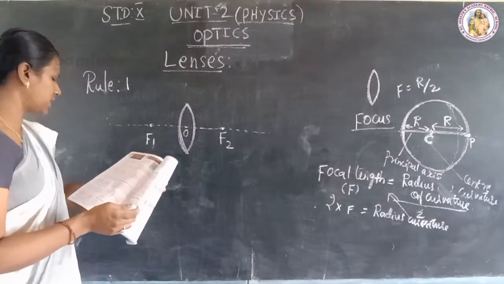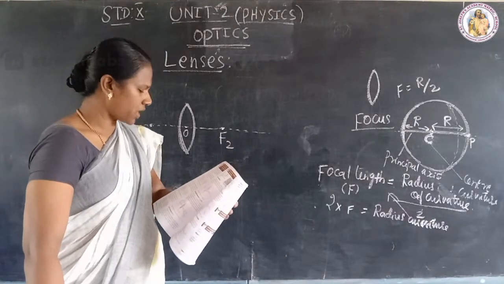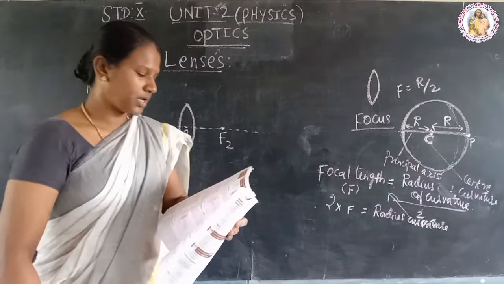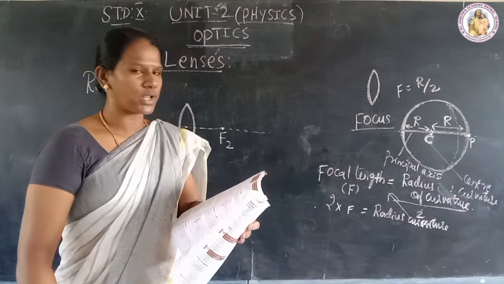So what is the first rule telling us? When a ray of light strikes the convex or concave lens at its optical center, it continues to follow its path without any deviation.